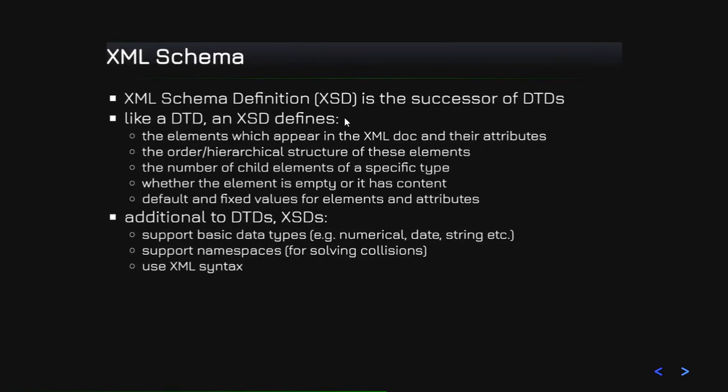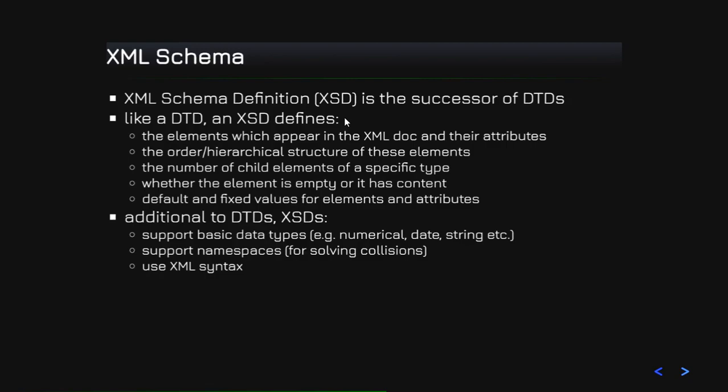An XML schema definition, an XSD file, is the successor of DTD, and it's more popular than DTDs because an XSD file is also written in XML. So XSD is just an XML language. Like a DTD, an XSD defines the elements which appear in the XML document and their attributes.